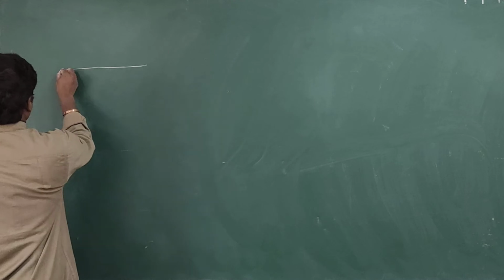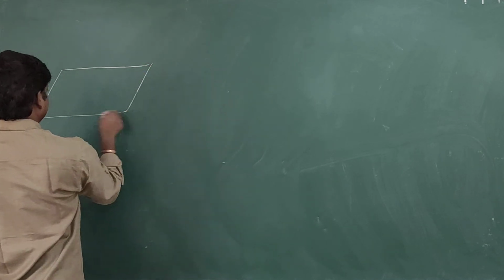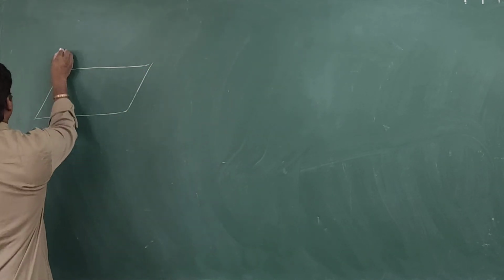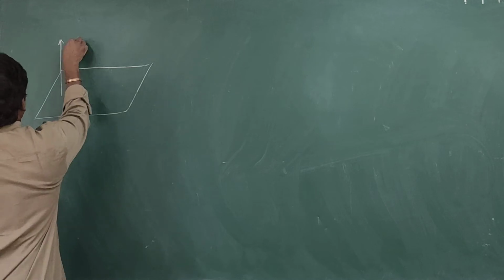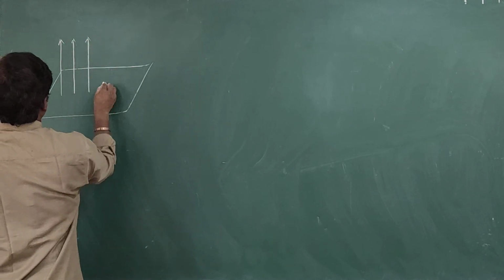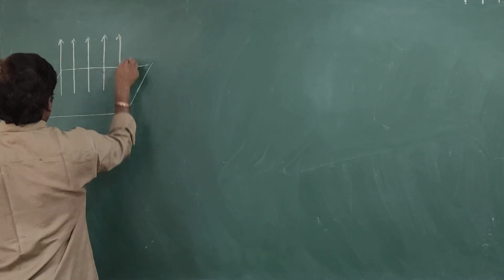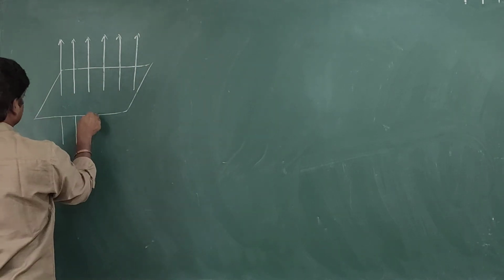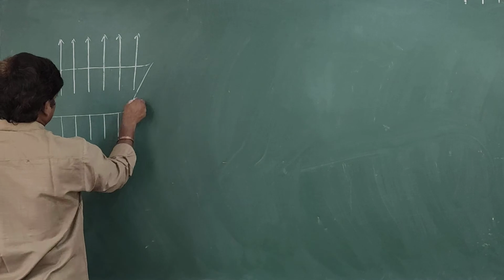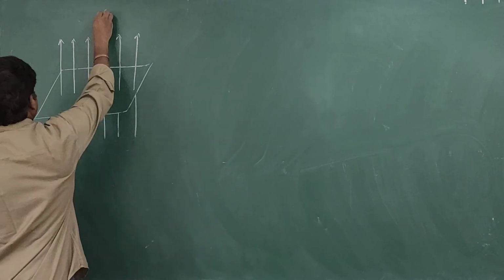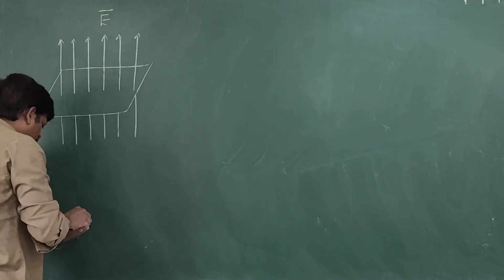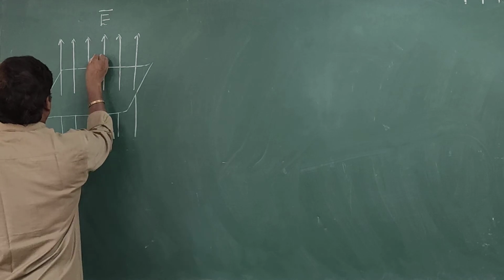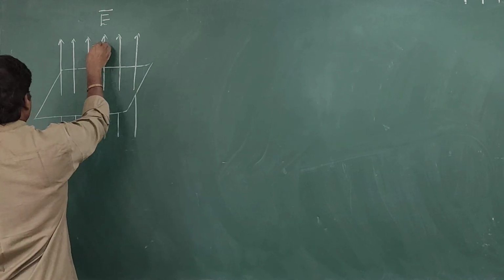So let us try to understand electric flux still better. For example, there is an area, right? All the electric field lines are normal to the area like this. This is the electric field. And we know very well the area vector is always normal.